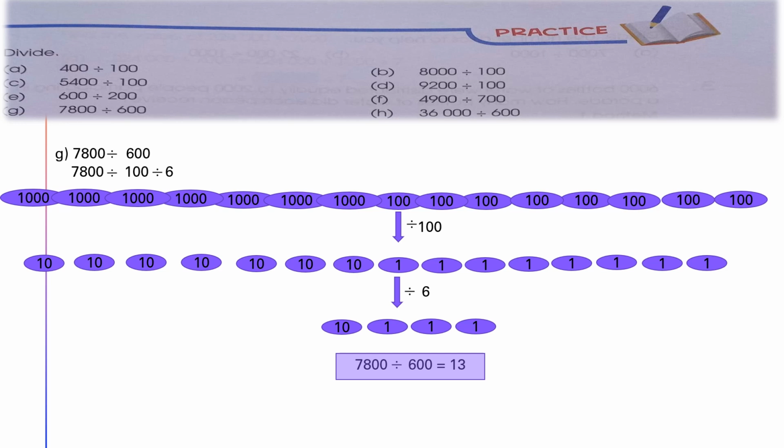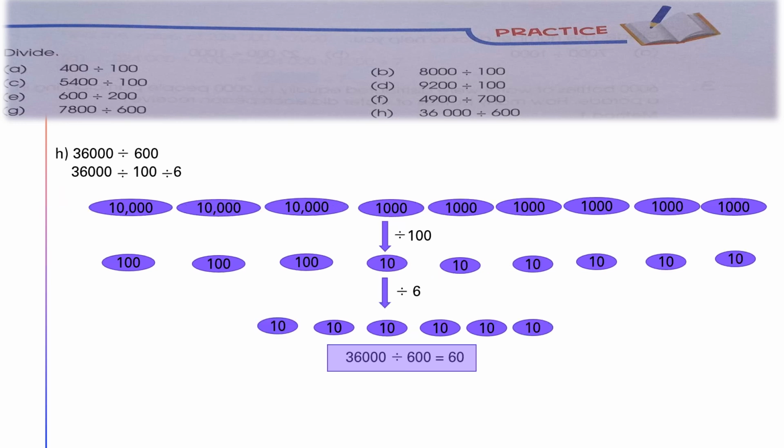After division by 100, we have 7 discs of 10 and 8 discs of 1. Further dividing this by 6, we have 1 ten and 3 ones. So 7,800 divided by 600 is equal to 13.